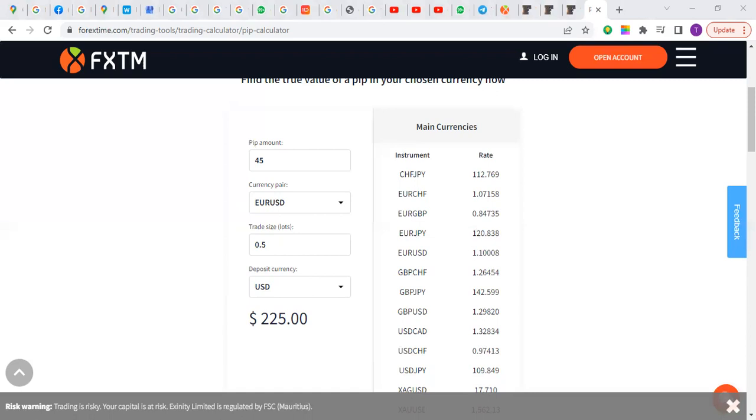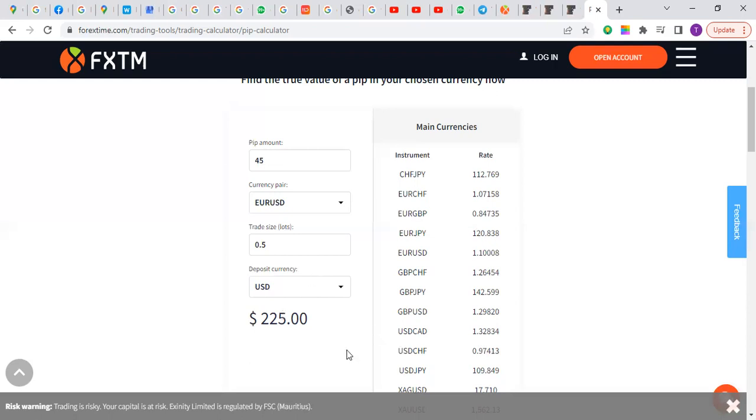With the swap and the commission, it will later be 250. So I'm okay with this 0.5. I'm risking 45 pips now. So if I use 0.5, I want to risk 250 US dollars.